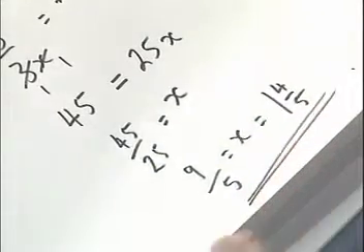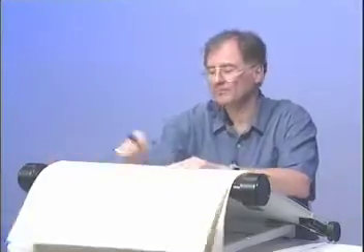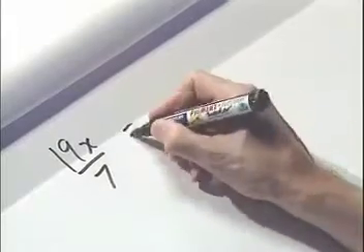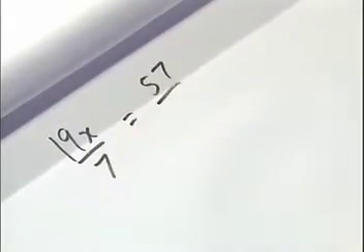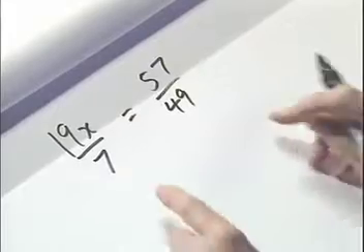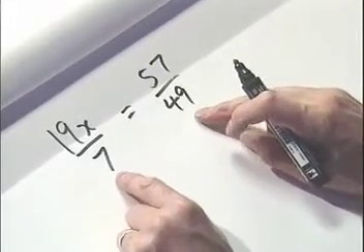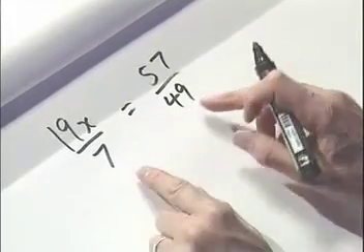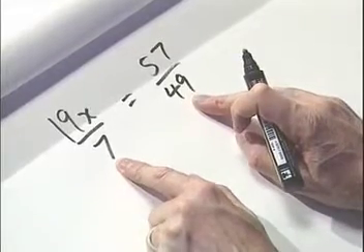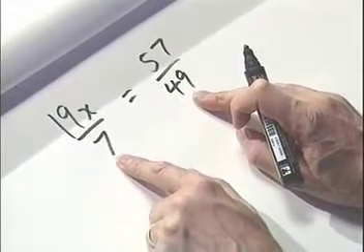Let's take one final example. This time let's look at some fractions where mysteriously the x is already on the top. Well, that's really good for us. All we need to do is look at what's our common denominator. Well, 7 and 49. What number divides exactly by both of these?